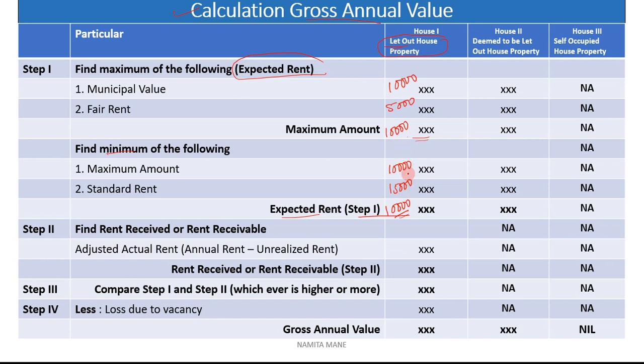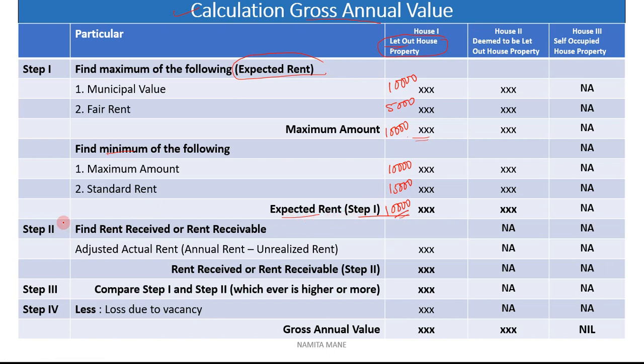The maximum amount is 10,000 and standard rent is 5,000. From these two, which amount will you take? The minimum amount, that will be standard rent. But here in the earlier example 10,000 is the minimum amount, so we have taken 10,000 as expected rent. So that is step number 1.